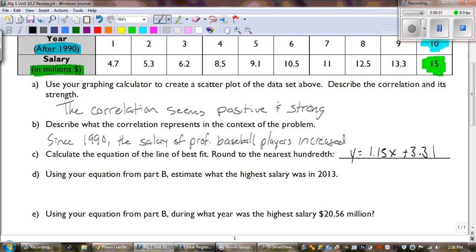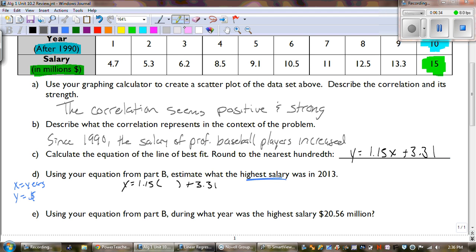Now use the equation to estimate what the highest salary was in 2013. Remember that x is our years and y is our money. We're trying to find the highest salary, and they told us our x, so that's what we're going to plug in.